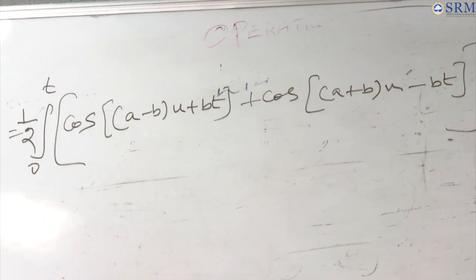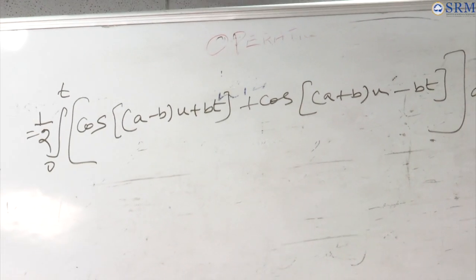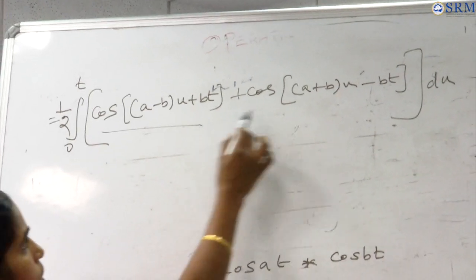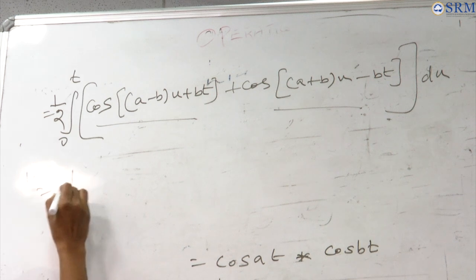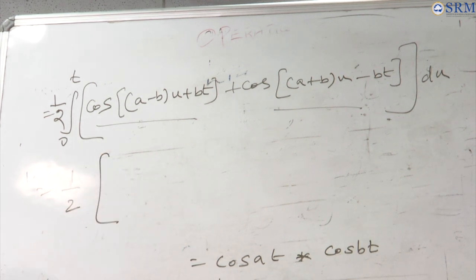Now segregate: in the product of cos A cos B, take the cos term alone, and the next is also the same cos term alone.